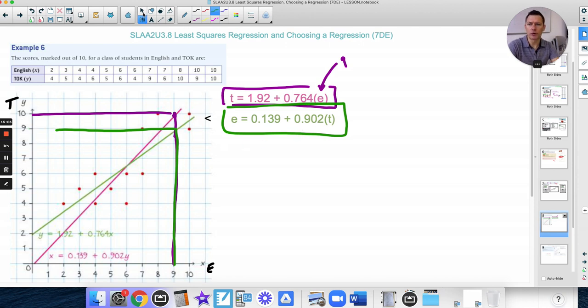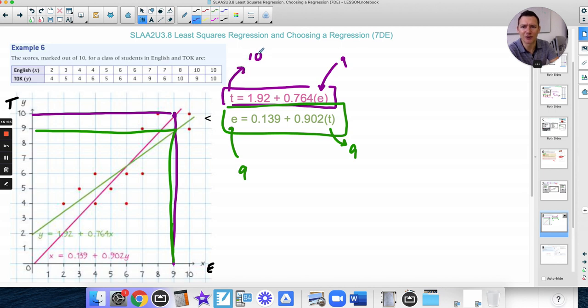So instead of running them backwards, like if you were going to use this and knew the 9 was the E, you'd put 9 into here and run it backwards. So that's effectively what you're doing with this one, right? And this gives you the T when you output this. This gave us a 9, but this gave us a 10. So which one would you rather use?